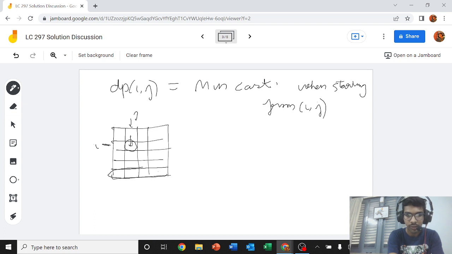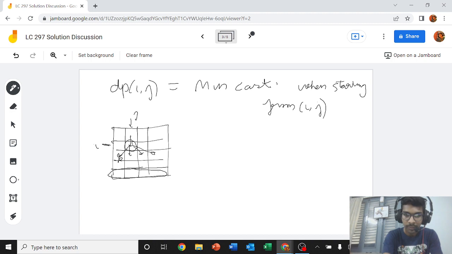This is what dp[i][j] is giving me. From here I have so many options. I can move to this or here or here or here. I have n options here. Let's say that this particular column number is represented by k. So from dp[i][j], I'm moving to the i plus 1 comma k position.